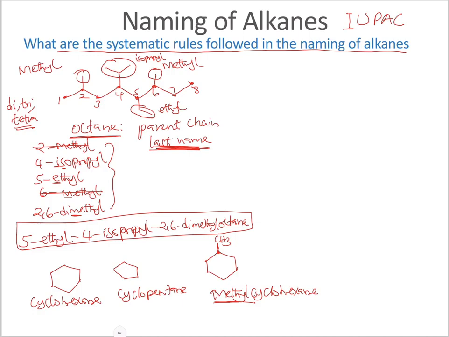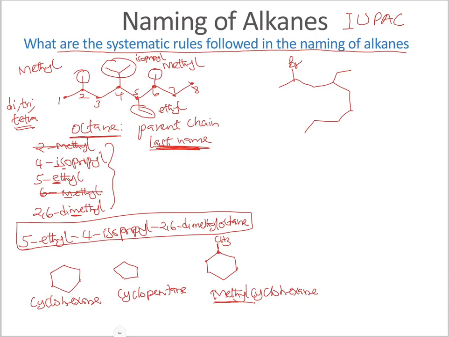The other thing I would want to include here is, in the naming, we could also have other substituents. So let us use like 1, 2, 3. We could have bromine here. We could have an ethyl group.